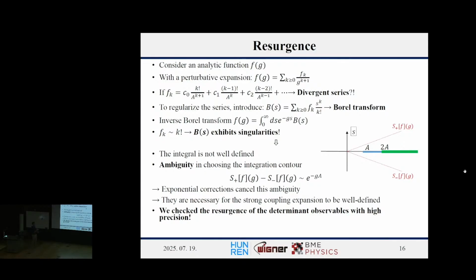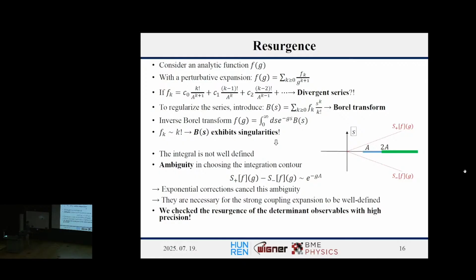So here I put some quite general behavior. If you investigate the behavior of these coefficients at large order, you can also have some nice expansion in k, factorials of k, and some powers as well.